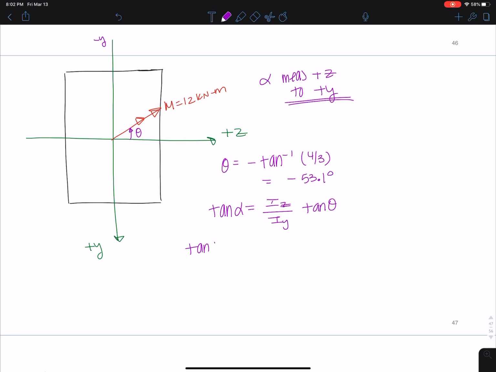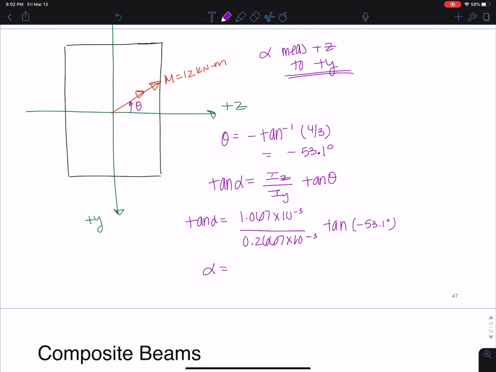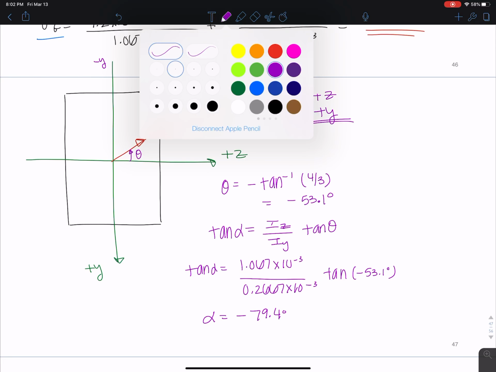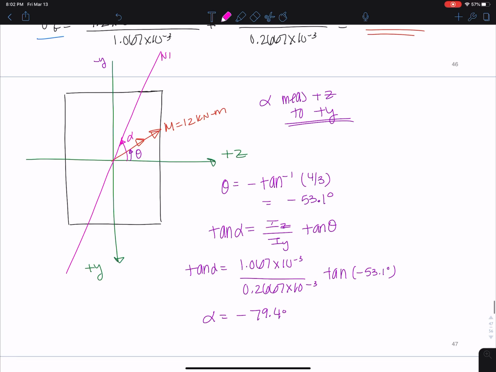You just plug in the values we already calculated, 1.067 times 10 to the negative 3 divided by 0.2667 times 10 to the negative 3 tangent, and I'm going to keep that negative in because I want to make sure that I know it's calculated from positive z to positive y, and I get negative 79.4, which really just means that I can come up from here and measure 79.4, and this is going to be the location of my neutral axis. Okay, and that's it for this one.